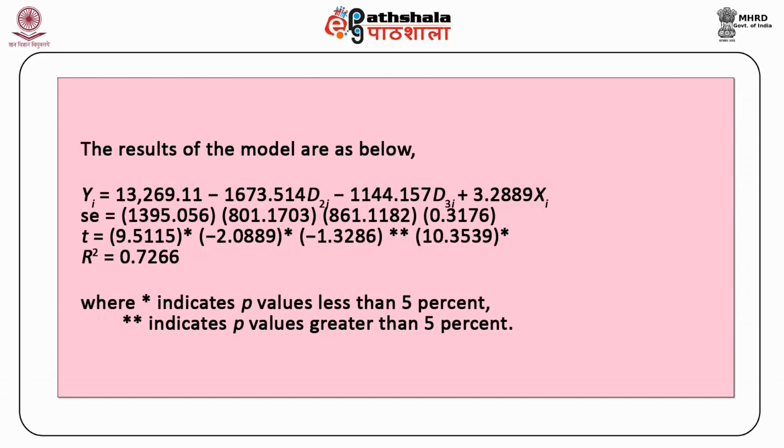Yi is equal to 13,269.11 minus 1673.514 D2i minus 1144.157 D3i plus 3.2889 Xi.